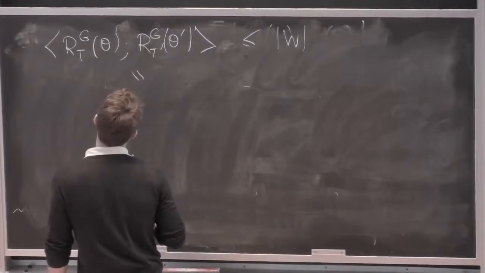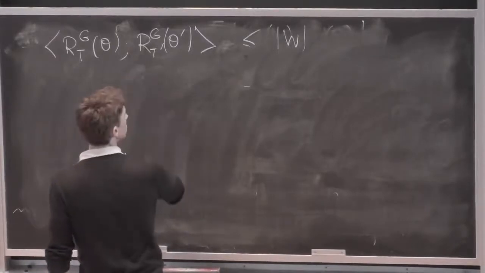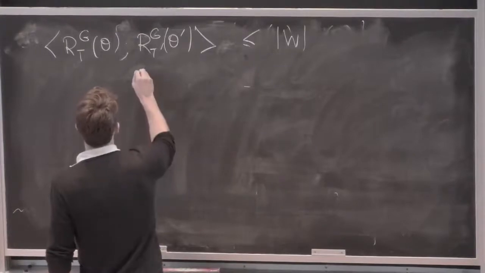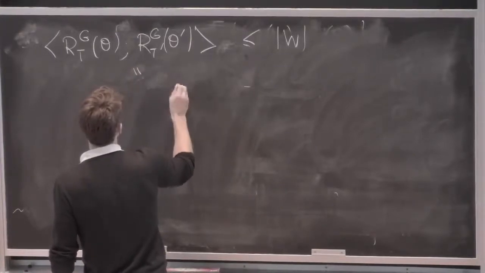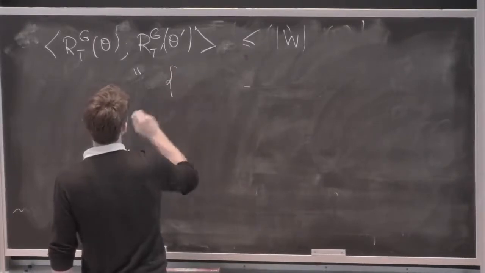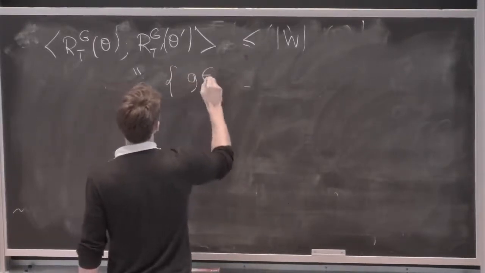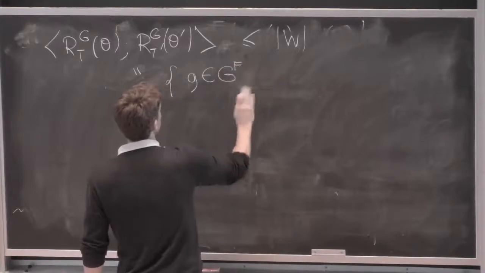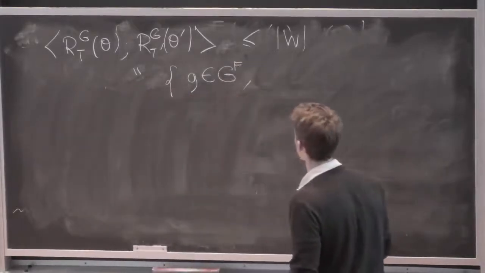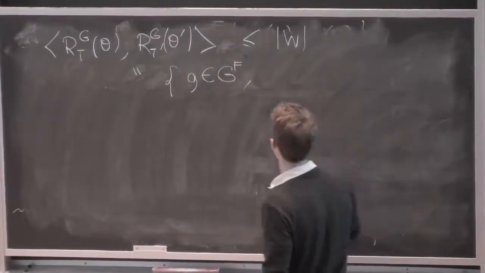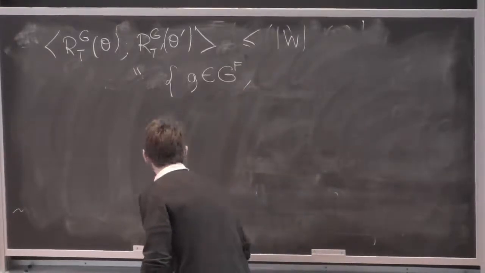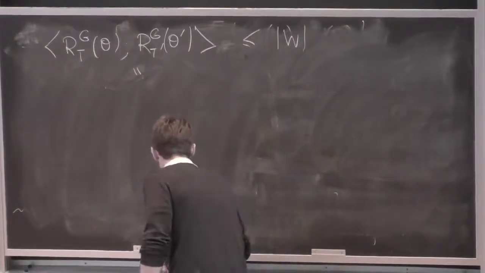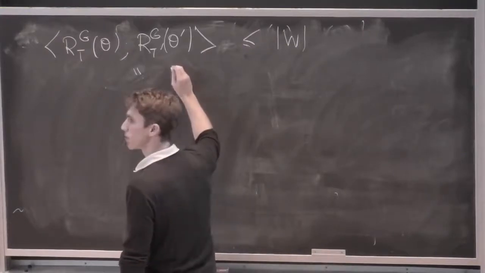This will be related to, so this way I will not be able to write it, but this is the number, so if you look at the number of elements in G^F such that, okay, so the normalizer, so I don't know how to write this.